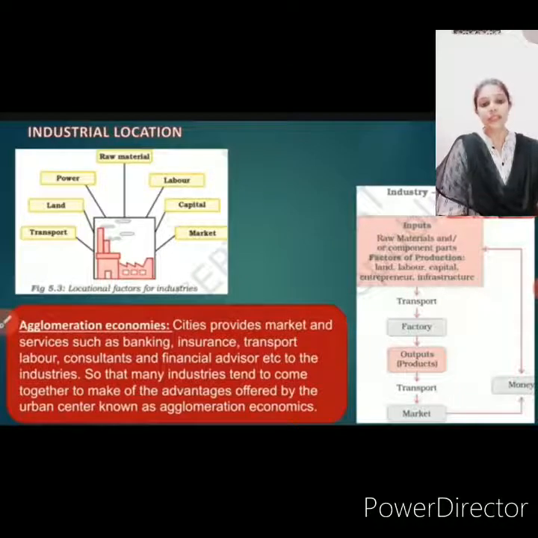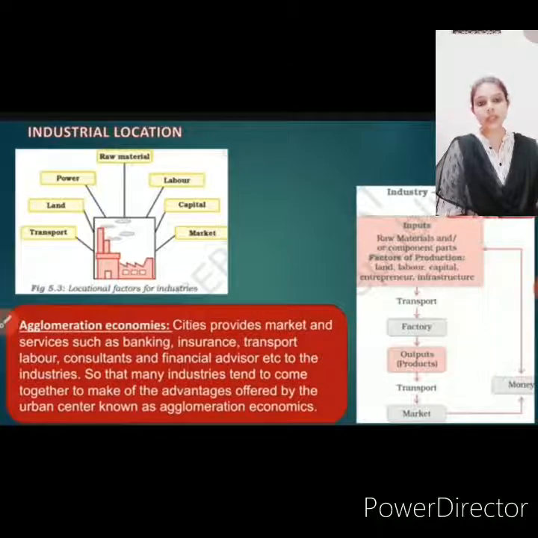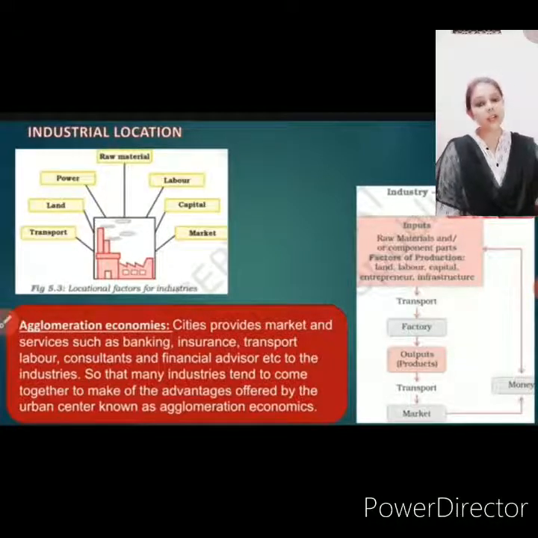So when the cities provide markets and services such as banking, insurance, transport, labor, consultants and financial advisors to the industries, many industries come together to make use of the advantages offered by the urban centers. That is known as agglomeration economies.